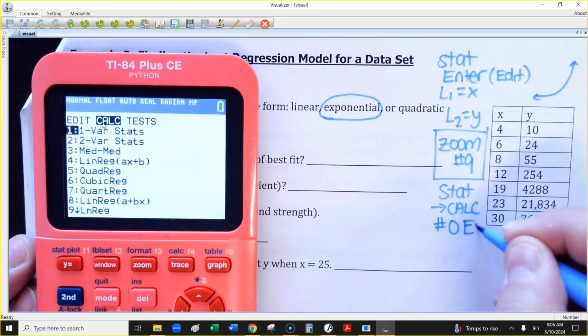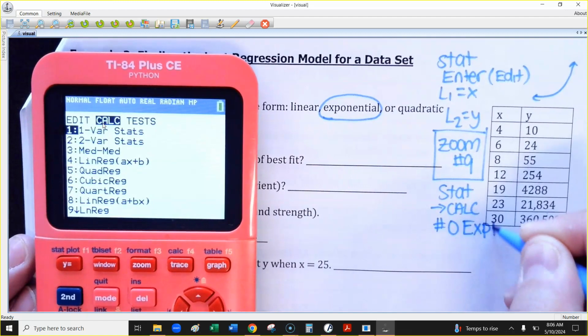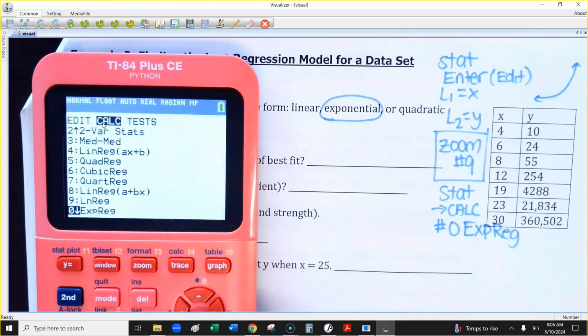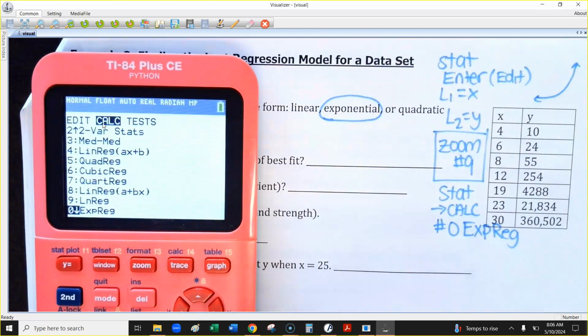It'll say EXP and then reg for exponential regression, but it's like way down. You can actually type the number 0 if you want to, but it's way down the list. So that's your exponential reg. It says EXP REG. And then once you either are down there or you hit the 0, just keep hitting enter till it shows up.